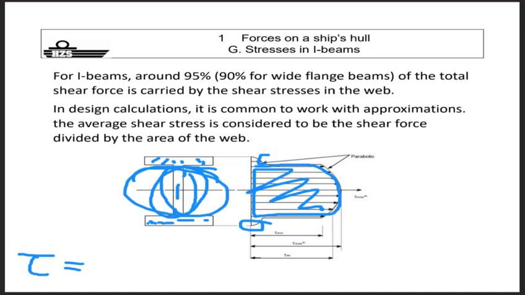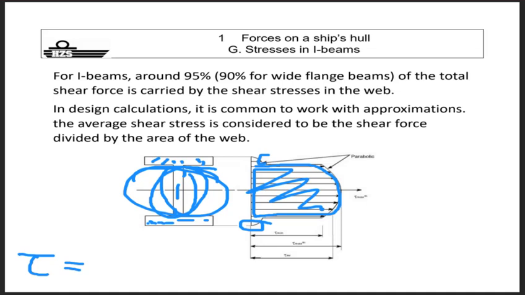There, your shear stresses will be concentrated. So if you have problems with shear stresses on board, most of the time it will be your side shells. When you have problems with bending moments, most of the time it will be in your upper deck. These were questions on the exam of ship construction 1.